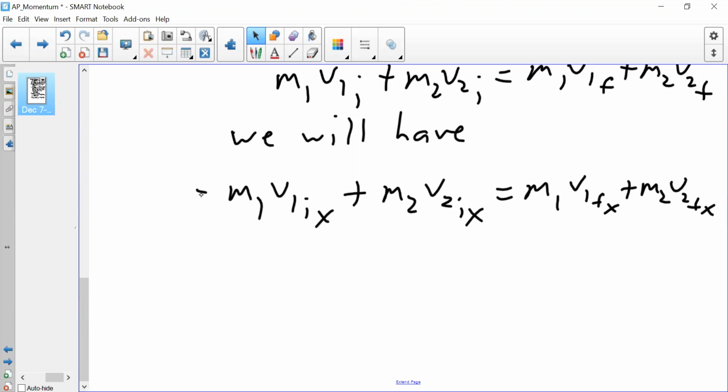And also in Y. So this is the momentum in the X direction, P sub X, and then P sub Y. And don't worry, we will do a clear practice problem over this.